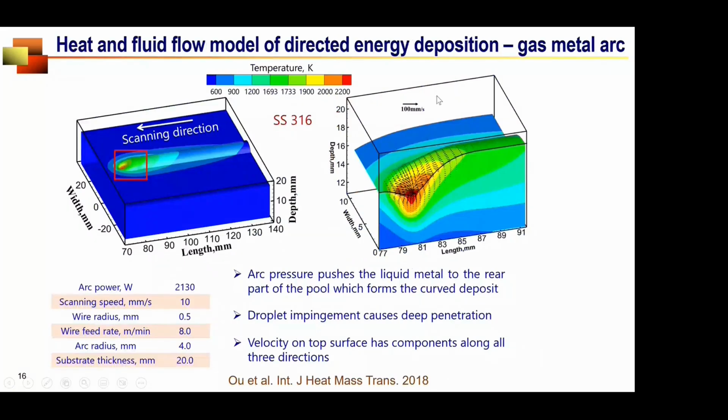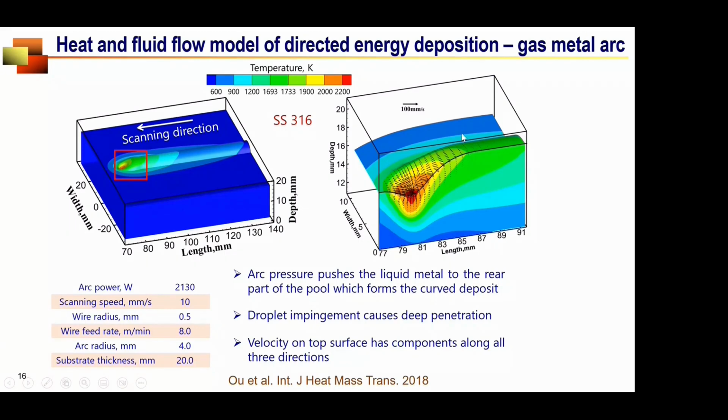If we have a gas metal arc heat source and we are depositing material by gas metal arc additive manufacturing, then right under the arc we will have a depression in the pool, and the pool will look like this deformed pool. This is because of the arc pressure that depresses the pool and pushes the liquid metal behind.